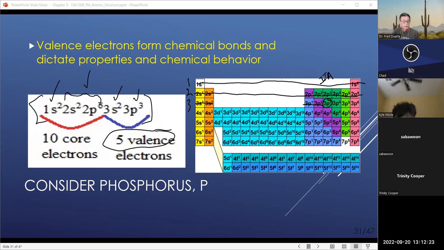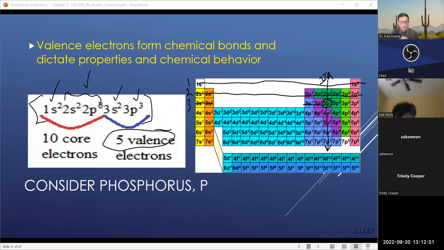Phosphorus is in the group labeled 5A, which means everybody in that group has 5 valence electrons. Those valence electrons will be in different energy levels, but they all have 5 valence electrons.